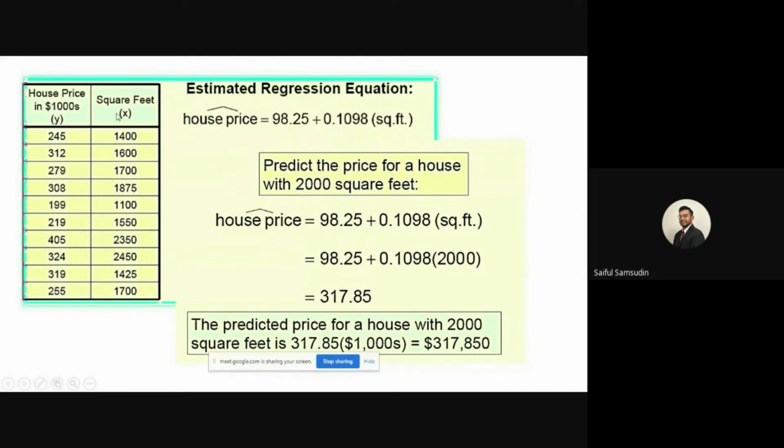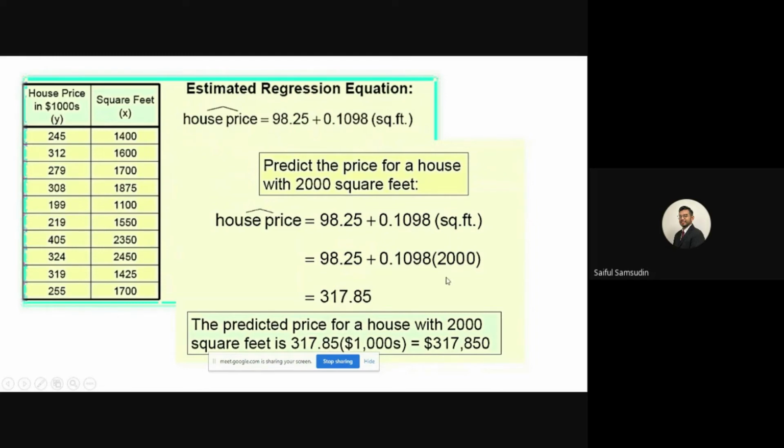We just put the value of 2,000 in the square feet here.